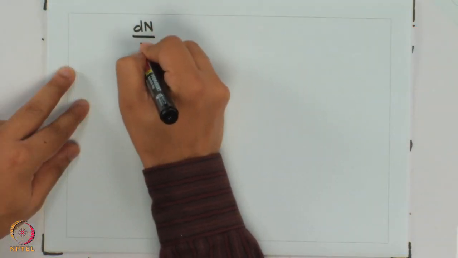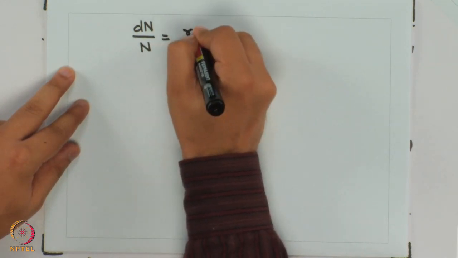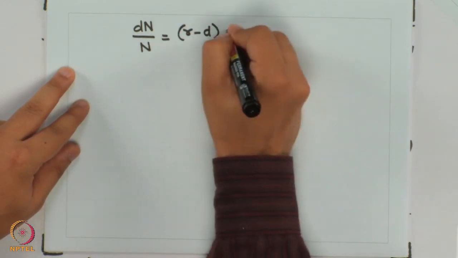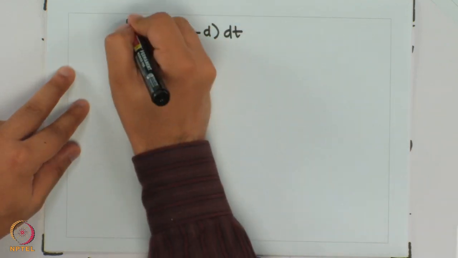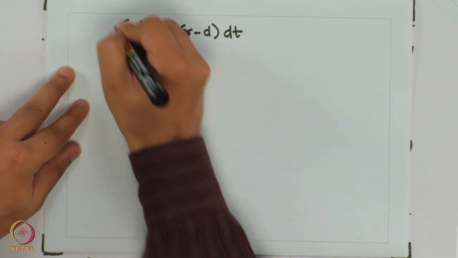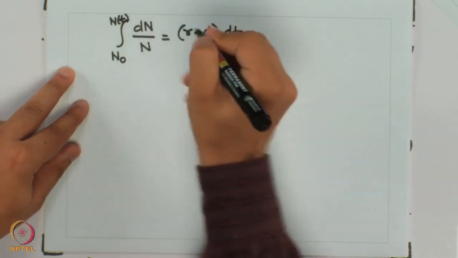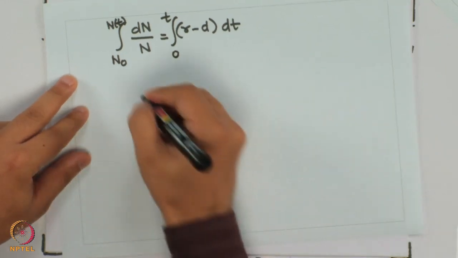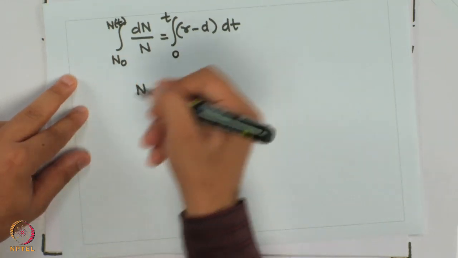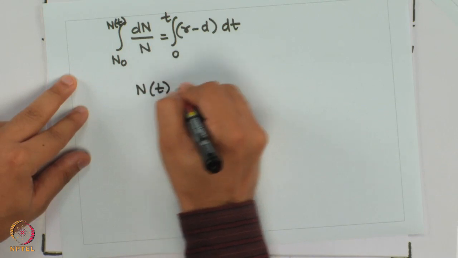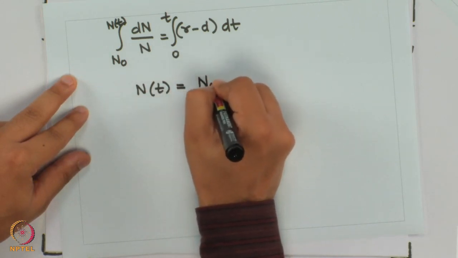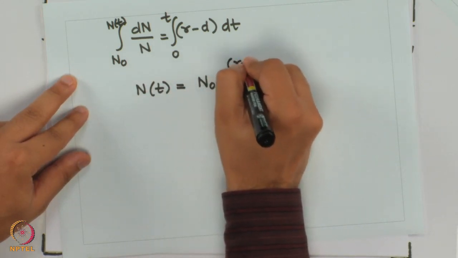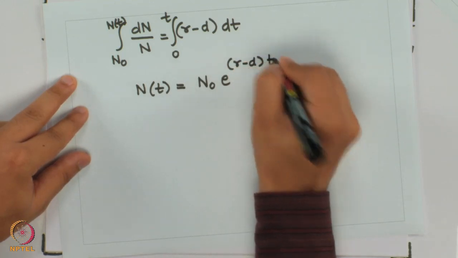And when we integrate this by separation of variables, dn by n equals (r minus d) dt, integrating from n naught to n(t) and integrating from time t equal to 0 to time t equal to t, we get our solution as, I am skipping the steps now and writing the solution as n(t) equals n naught e to the power (r minus d) into t.